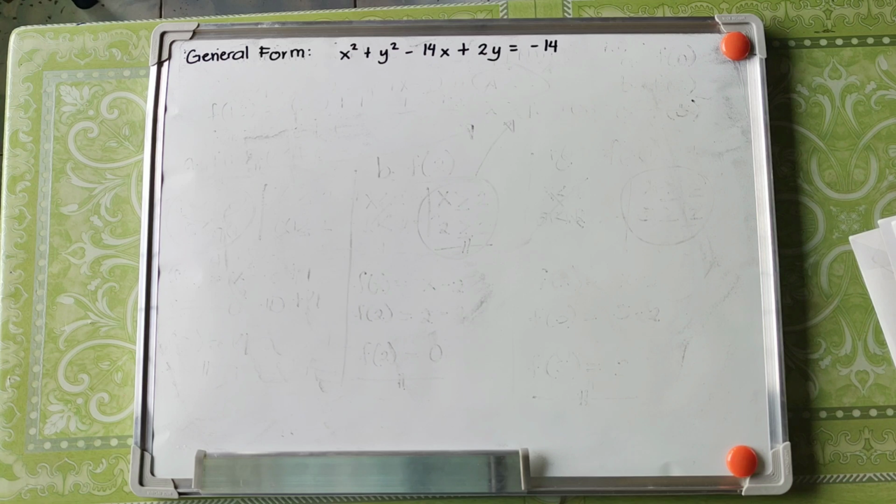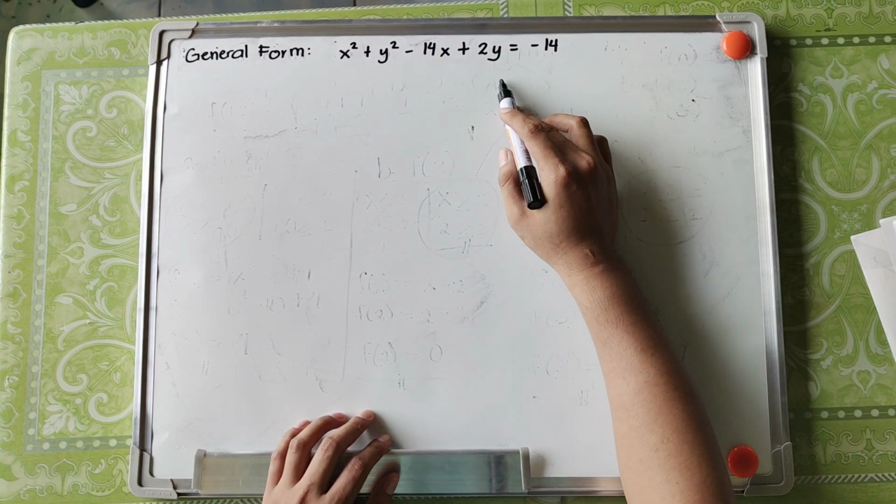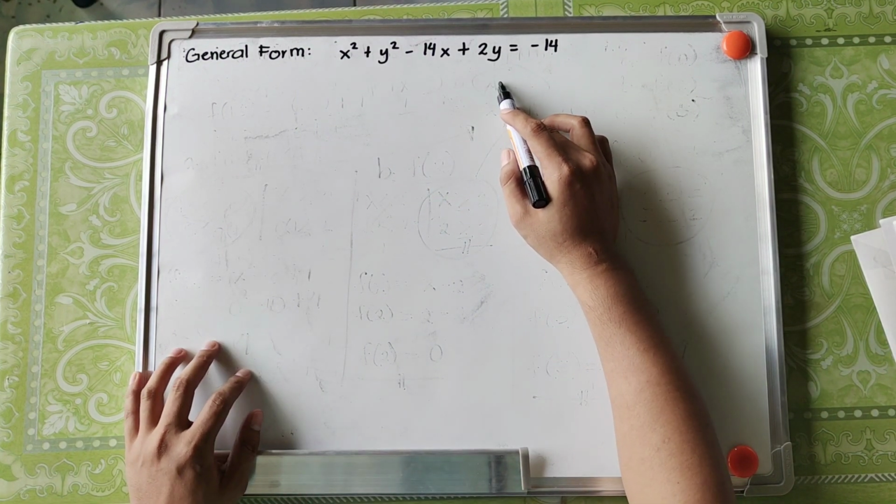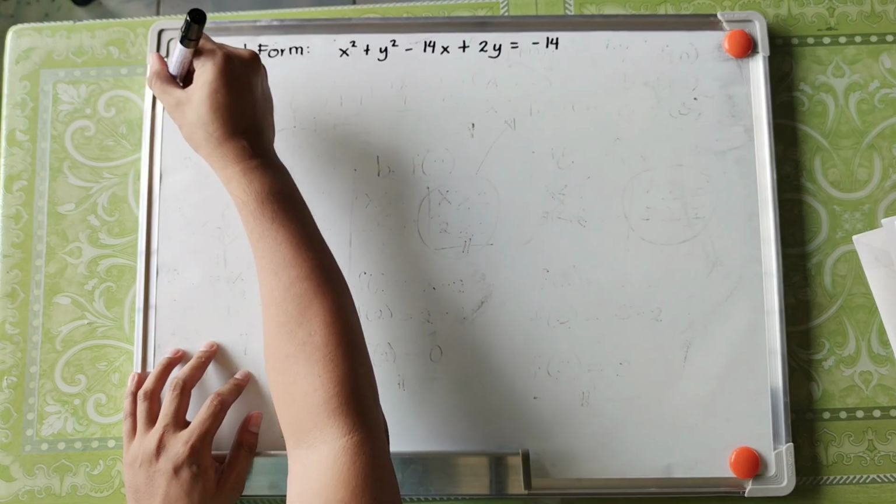So, for us to identify the radius and the center, we have to transform this general form into a standard form. So I will discuss the steps on how to transform this equation into standard form. So step 1.